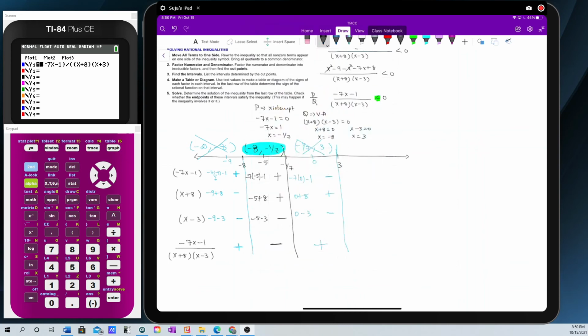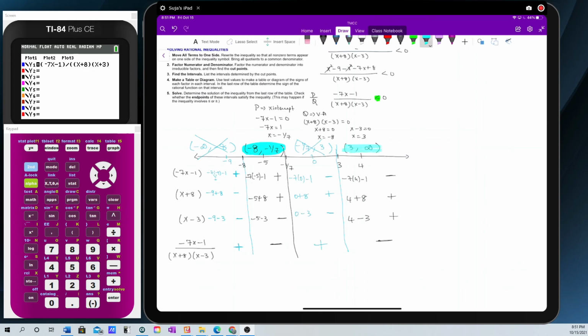Again, repeat for test point 4. So negative 7 times 4 minus 1 will be a negative number. 4 plus 8 is going to be a positive. 4 minus 3 is going to be a positive. So if I multiply, I'm going to have negative. So that's telling me 3 comma infinity is going to be in my answer too.